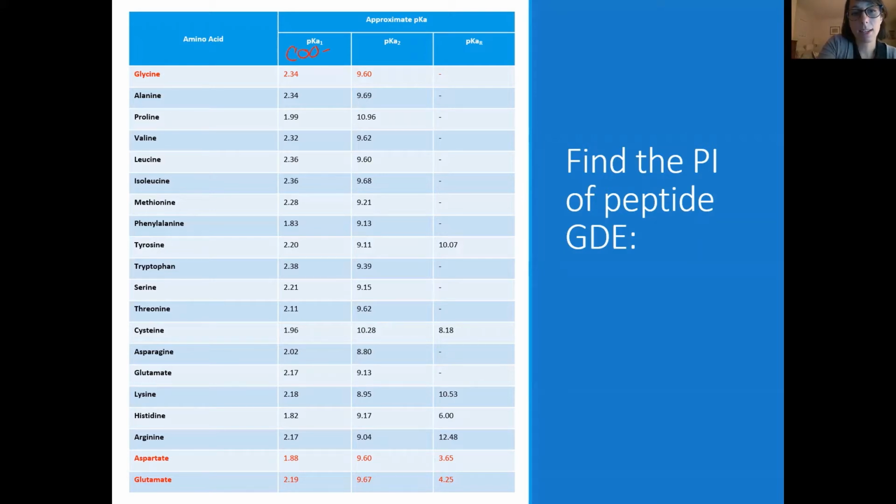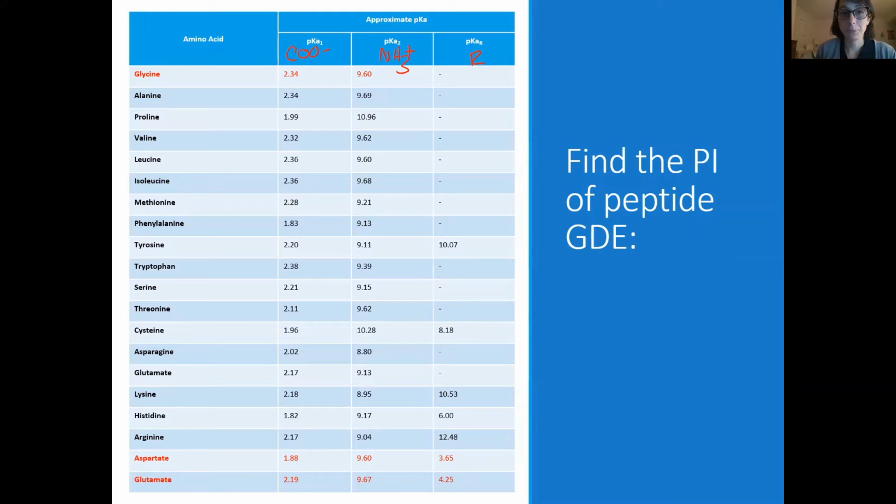The second one is for its amino group. And the last one is for an R group if it is ionizable. Many of them do not have R groups that ionize, but for the 7 amino acids that do have groups that ionize, they've been listed.